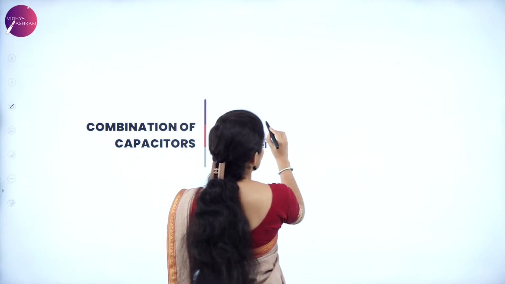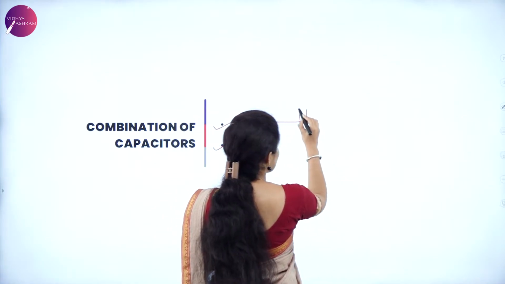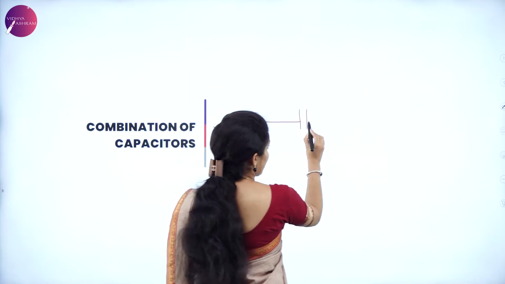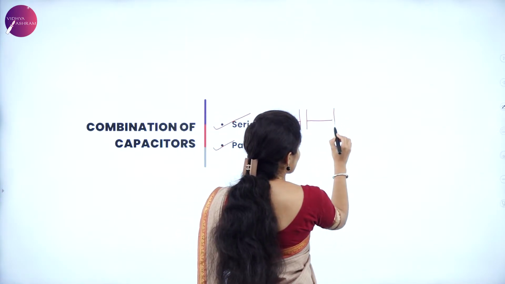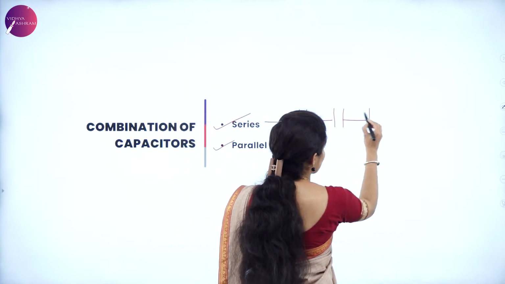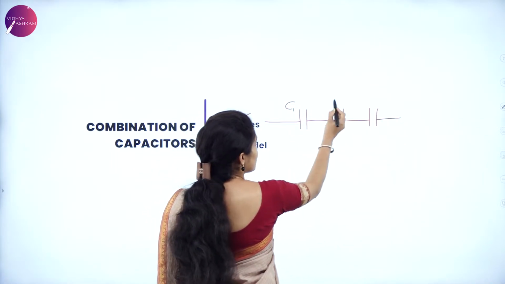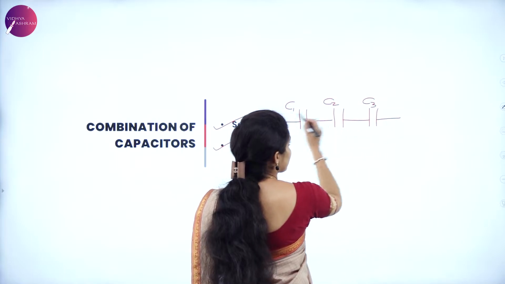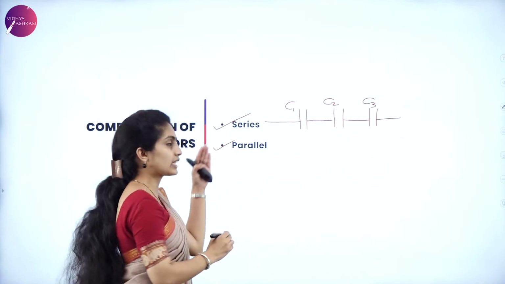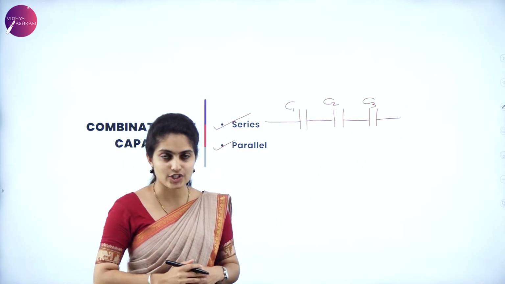Series means it is one after the other. So this is the representation of capacitors. Series means the first capacitor, the second capacitor 2 and the third capacitor 3. So C1, C2 and C3 are the three capacitors connected in series combination.